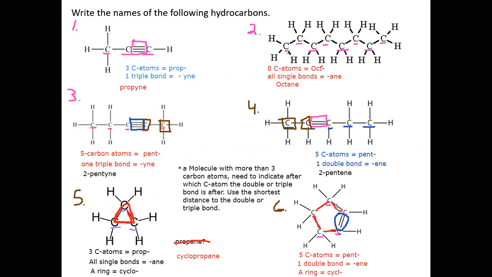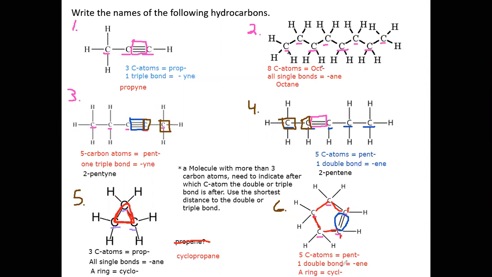So we don't have to include the number of the carbon atom after which the double bond comes, because any one of these carbons can be labeled 1. So for example, if we start here, this is 1. Or if we start on this side, this will be carbon 1. So it doesn't matter what carbon you start at when there's only 1 double bond in a ring. Any carbon atom can be denoted the first carbon atom.